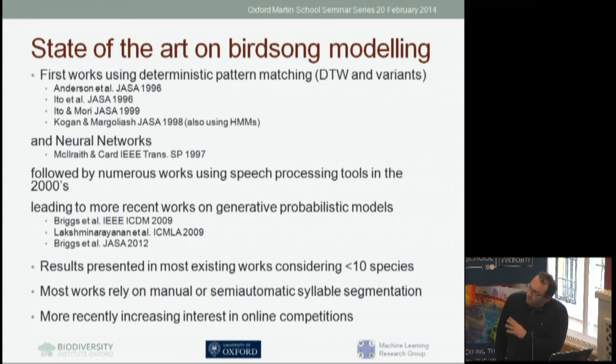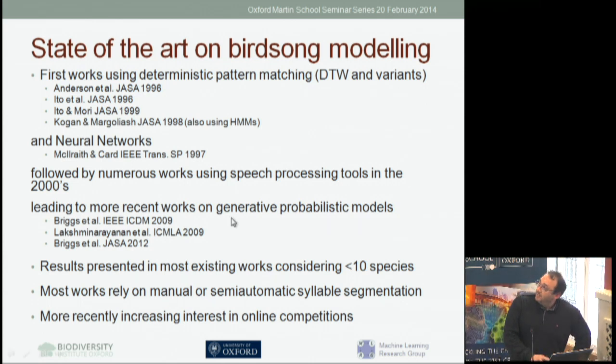Just to repeat on that, since this area of research started a few decades ago, it moved through a stage where lots of human speech processing techniques were being used, and now it moves into an area where we're using more generative probabilistic models. I have a few papers here, but I'm not going to go into them.